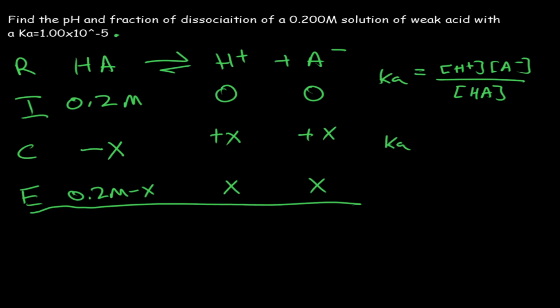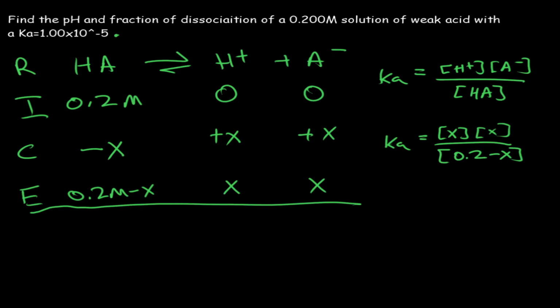Ka is going to be equal to the concentration of the protons, which is X, the concentration of the A minus, which is X, and the concentration of HA, which is going to be 0.2 minus X. So our equilibrium expression is saying that we have X amount of H plus and X amount of A minus, and we have 0.2 minus X amount of HA, and we know our Ka.